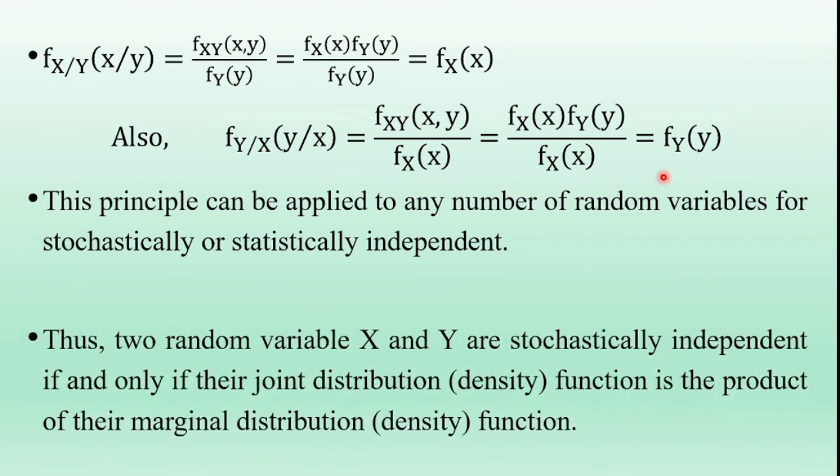Thus, two random variables X and Y are stochastically independent or statistically independent if and only if their joint distribution or joint density function is the product of their marginal distribution functions or marginal density functions. The joint distribution function is equal to the product of their marginal distribution functions, and the joint density function is equal to the product of their marginal density functions. This is the concept of statistically independent random variables.